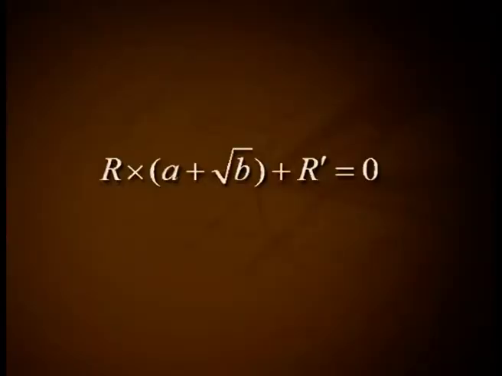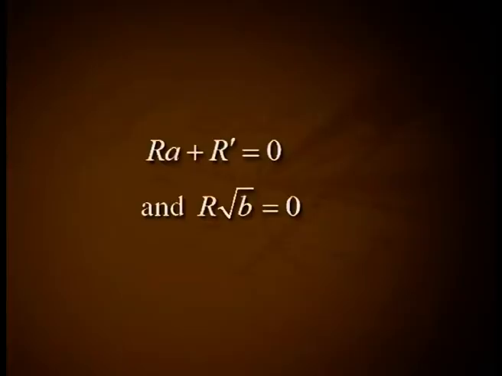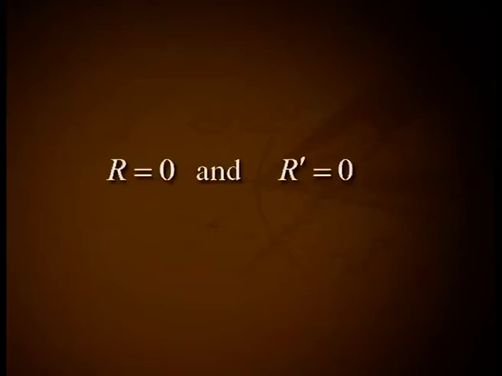By hypothesis x equal to a plus root b is a root of f of x equal to 0. So, equation 6 takes the form r into (a plus root b) plus r dash equal to 0. Equating to 0 the rational and irrational parts, we have r into a plus r dash equal to 0 and r into root b equal to 0. b not equal to 0 implies root b not equal to 0, and hence r into root b equal to 0 implies r equal to 0, hence r equal to 0 and r dash equal to 0.